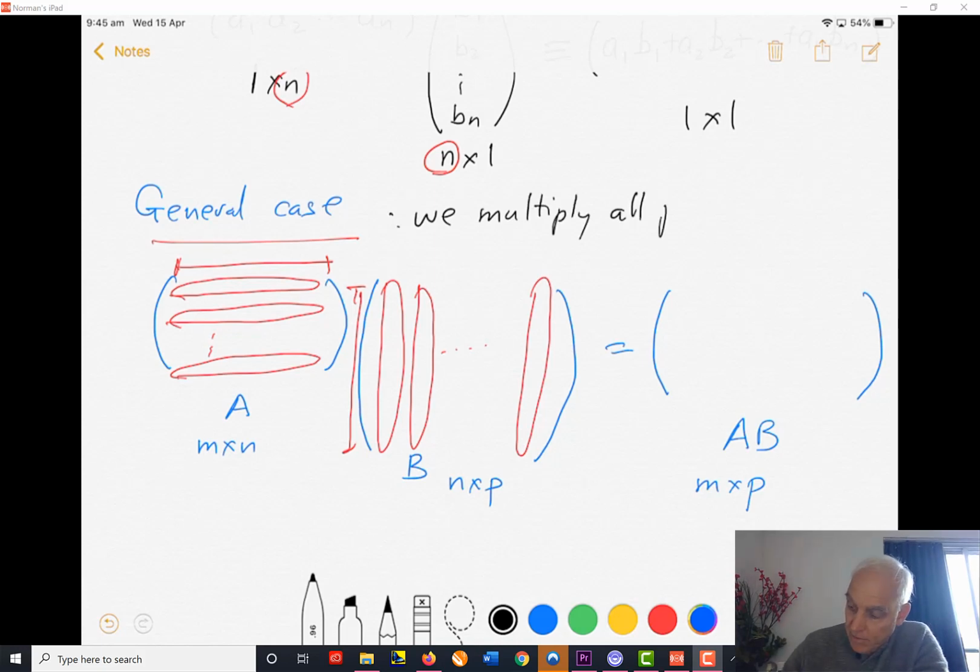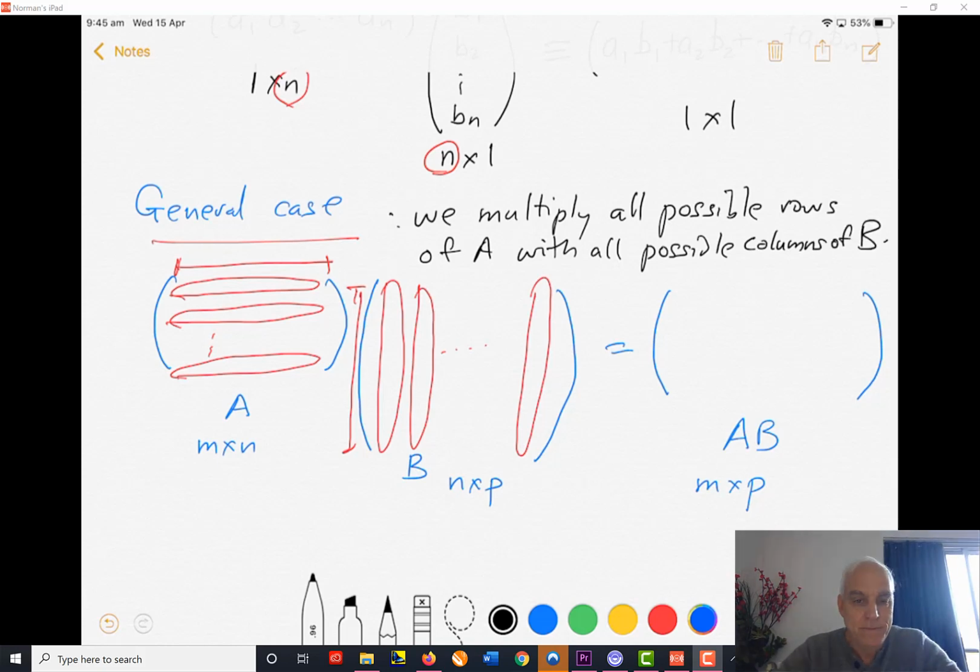So for the general case, what we do is we multiply all possible rows of A with all possible columns of B. So how many possibilities are there?